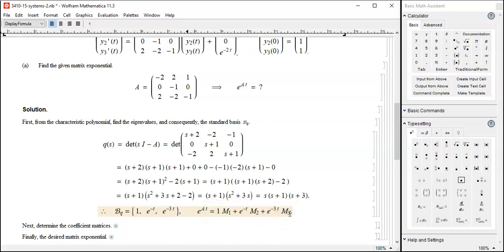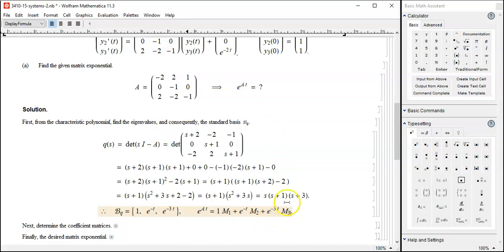I switched the order of multiplication, but that's okay because this is multiplying a scalar function. I cannot switch the order of multiplication for matrix multiplication, but for scalar, yes, I can. And of course, the reason I switched the order is because of this 1. I wanted to have this 1 on the left-hand side, not on the right-hand side. That's why I did it.